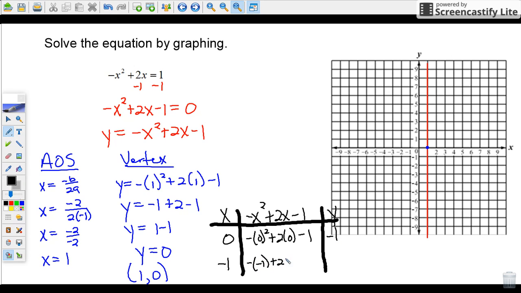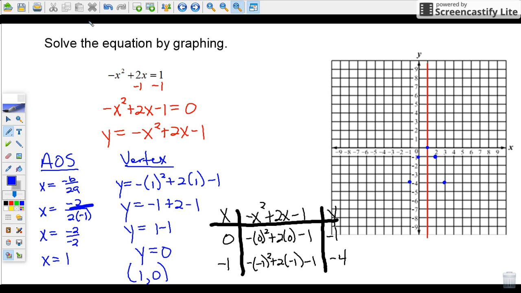Plug in negative 1. Negative 1 squared is 1, and then the negative outside makes it negative 1, plus negative 2 is negative 3, minus 1 is negative 4. So we'll plot those and we'll reflect them and we'll see what happens here. 0, negative 1, negative 1, negative 4, reflect them.